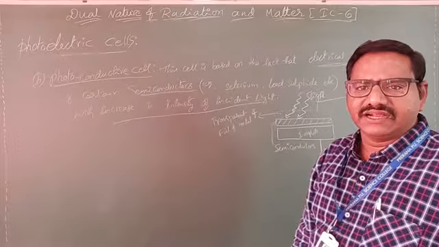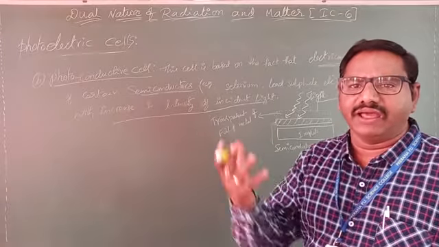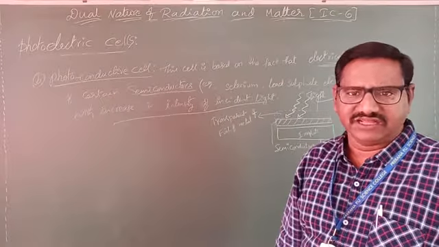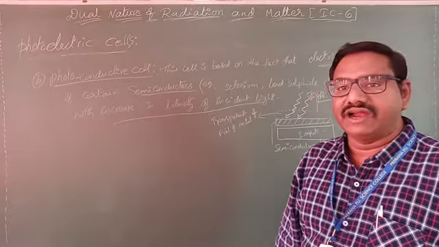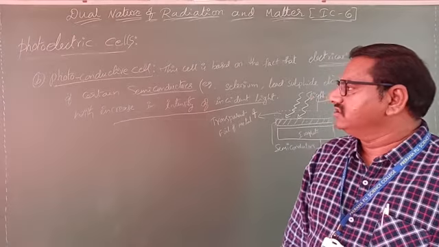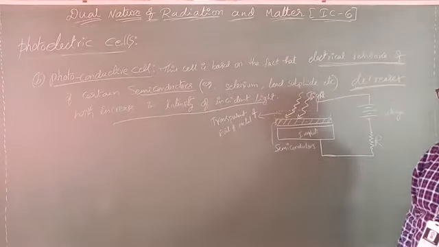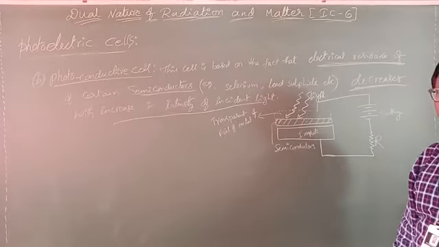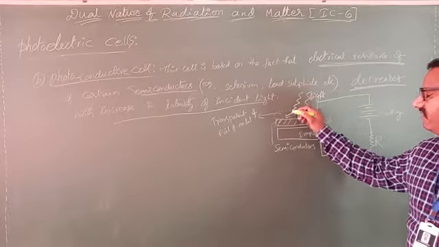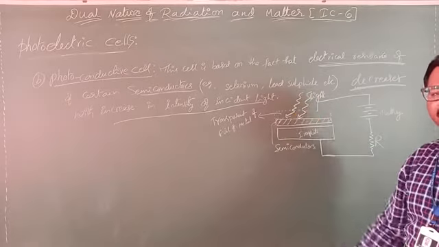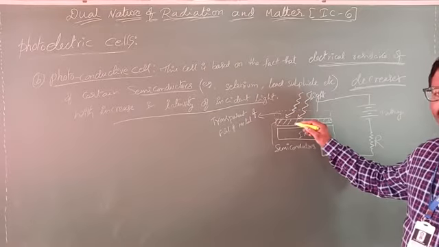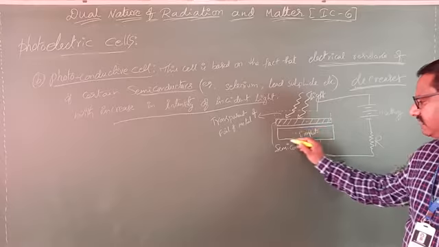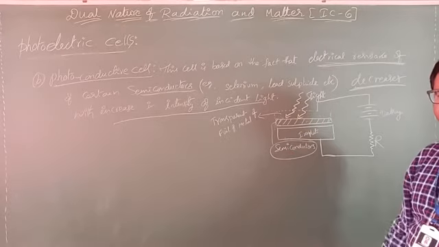If a semiconductor's electrical resistance decreases, conductivity will increase. That's why it is called a photoconductive cell. When light falls onto the transparent foil, the electrical resistance of the semiconductor decreases.